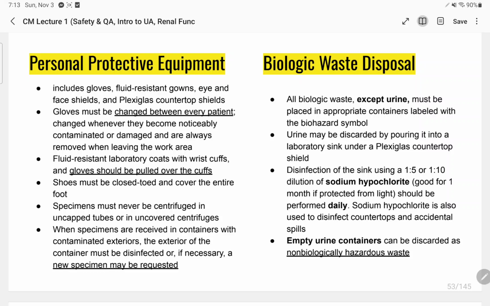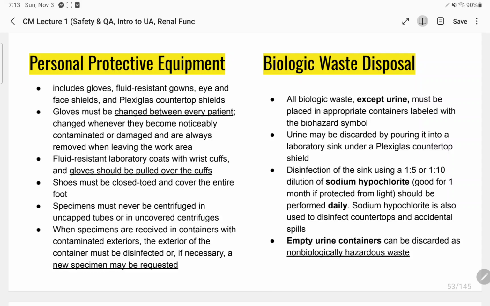As we discussed a while ago, one of the things we should do to stop or prevent the completion of the chain of infection is the use of personal protective equipment and also proper biologic waste disposal.